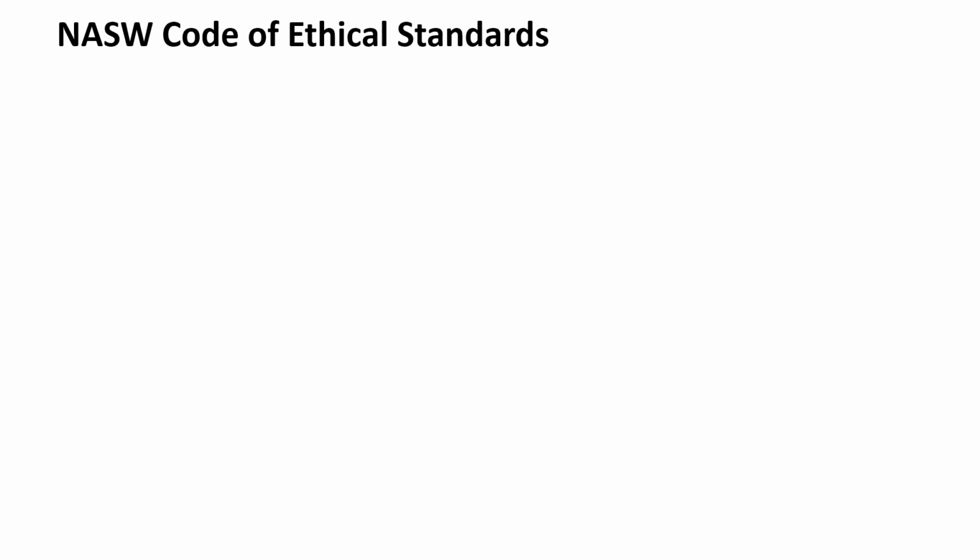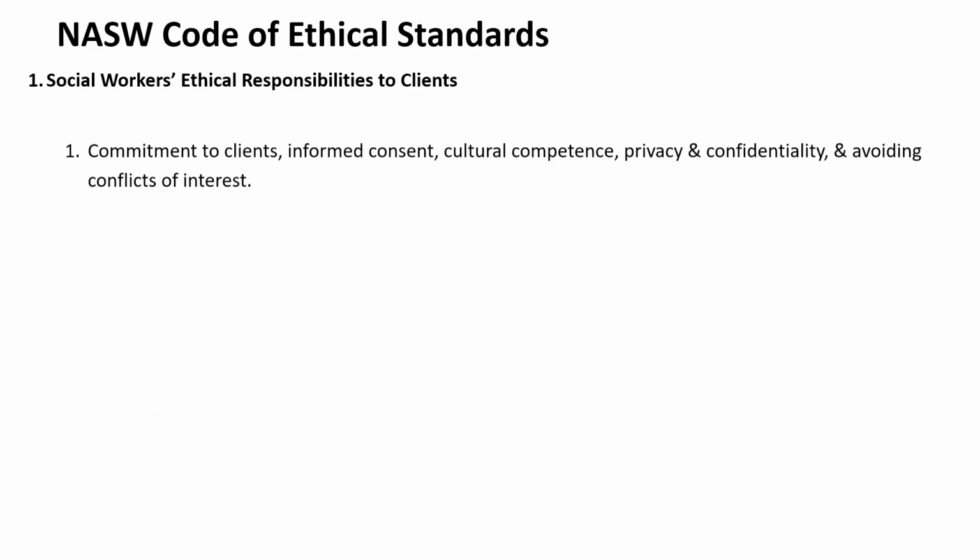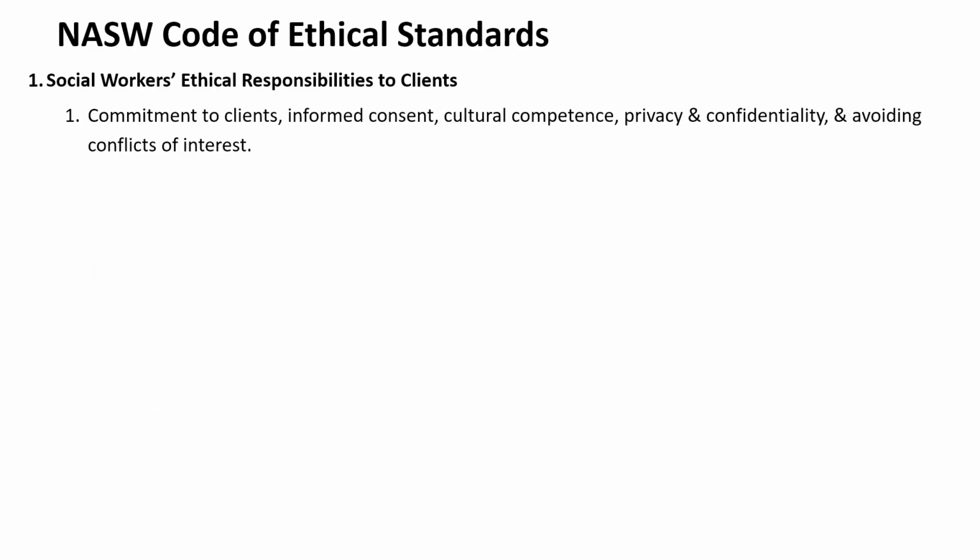There are several code of ethical standards. The social worker's ethical responsibilities to the clients come first, and that shows the commitment to clients, like keeping appointments on time, making sure that you don't run over into somebody else's time, making sure that the client understands what is going to happen in a session, making sure that the client understands what the relationship is with the social worker and what the social worker's role is.